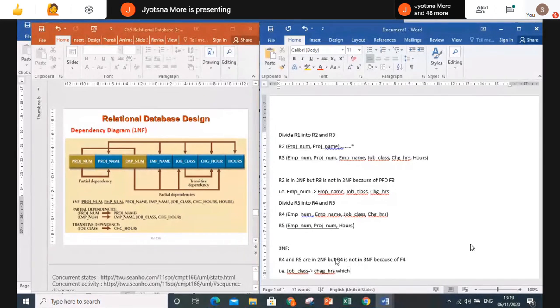Which is the transitive functional dependency. Okay, till here everyone done?